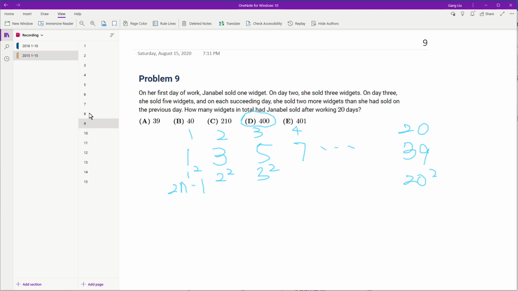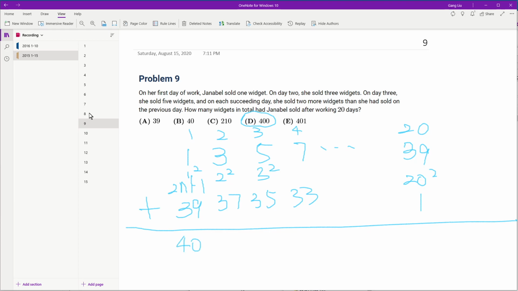This can also be solved by adding it up the reverse way. If we rearrange the whole numbers, reversely arranging 39, 37, and all the way to 1, and then add it up vertically, each pair will add up to 40, and each line adds up to the total, and this is also the total.